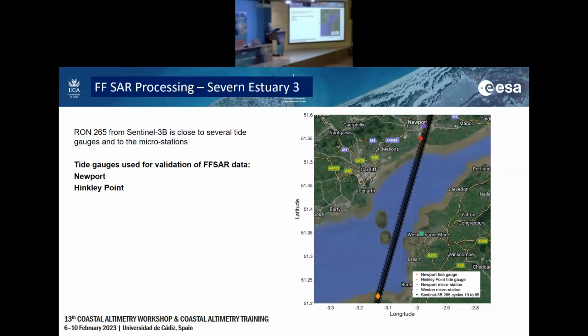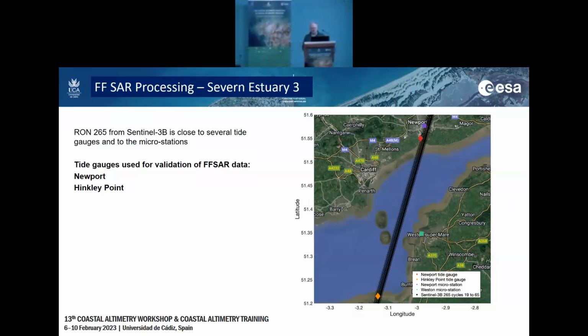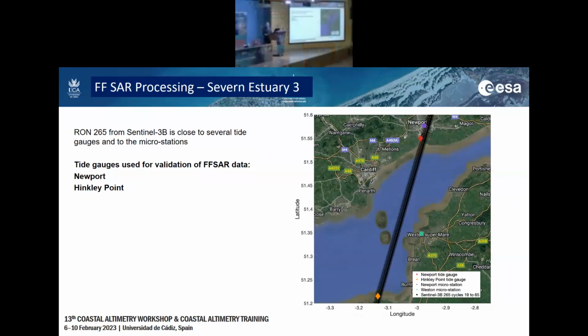Okay, and let me add a detail. We didn't use a specific retracker for the inland water domain. We are using the multi-PTR retracker provided in the SMAP processor. This is a multi-PTR retracker which allows you to retrack up to 10 peaks in the waveform. And that's why the measurements were very dense, because they allowed us to understand the persistent range and the water level.